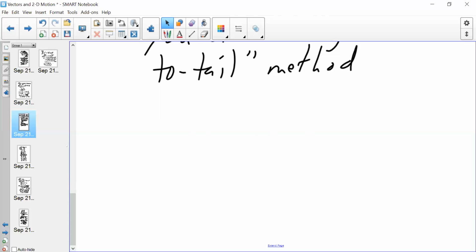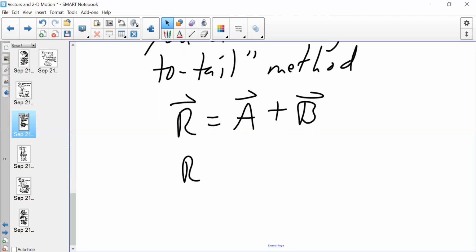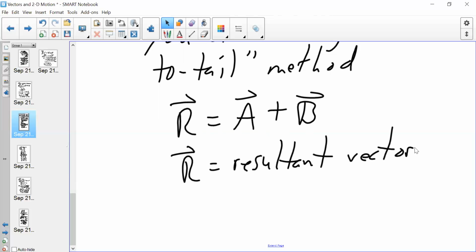So for example, when you add A and B, you're going to get a value called the resultant, R. Okay? R is the resultant vector of A and B's addition.